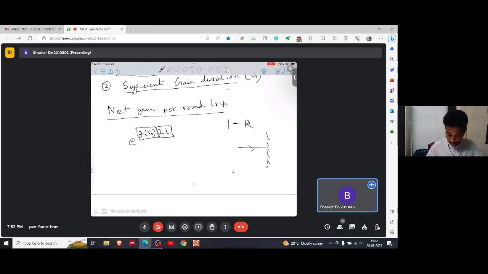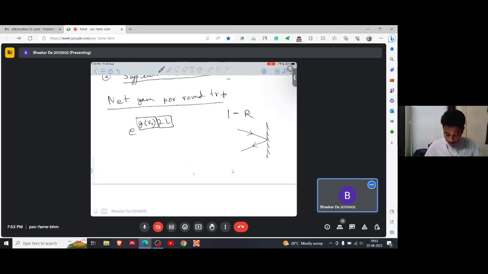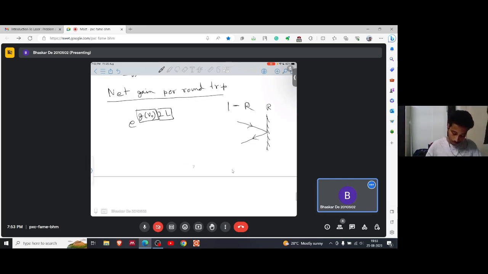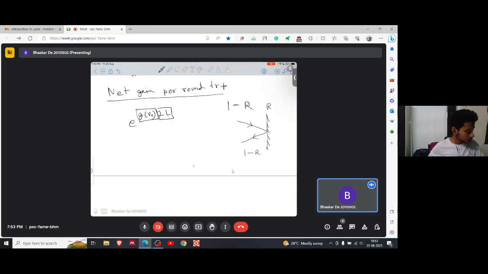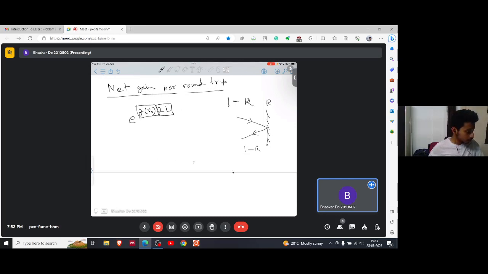This is the beam and it gets reflected from the mirror. So the reflectivity of the mirror is r. So the loss will be 1 minus r. So the loss at each mirror is 1 minus r, where r is the mirror reflectivity, and the beam will be reduced by a factor of r after it is reflected from each mirror.